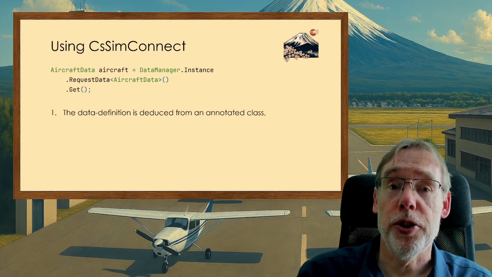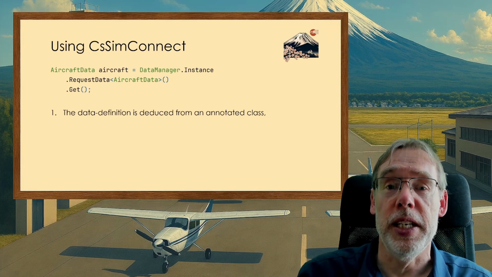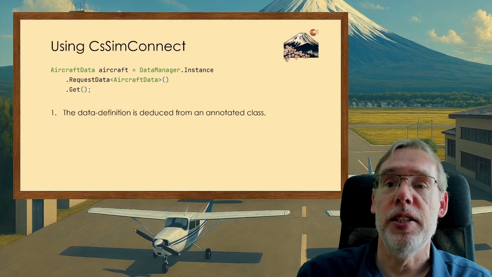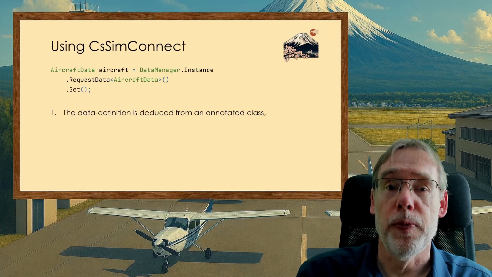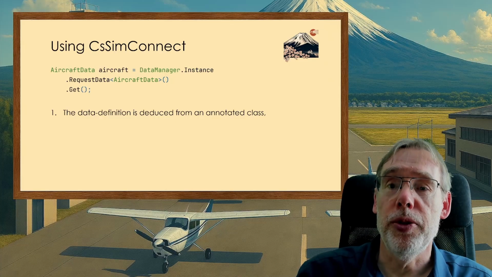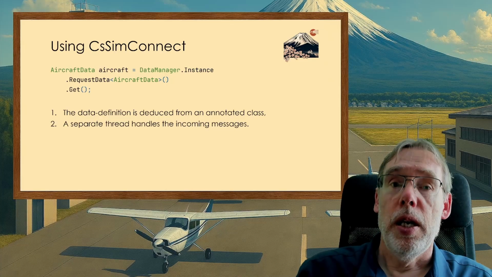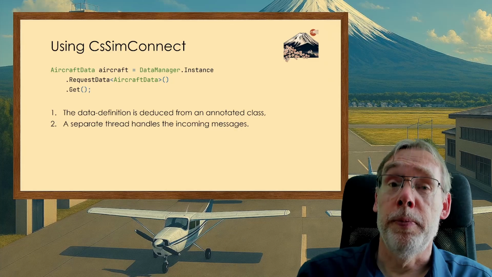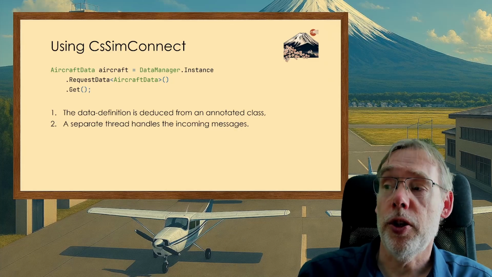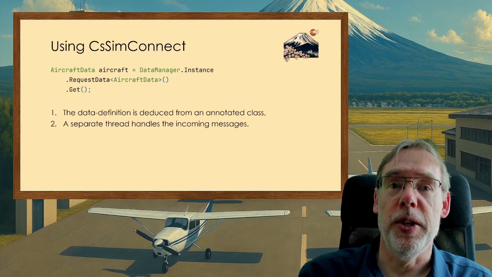This sounds impossible because we need to wait for the right message to come with the data, then extract the data, and then assign the result. In C#, this works because we have a multi-threaded environment. A separate thread, while my program is running, handles the communication with the simulator.